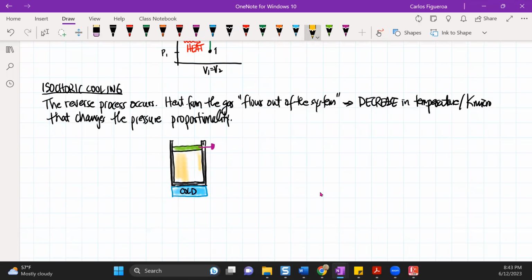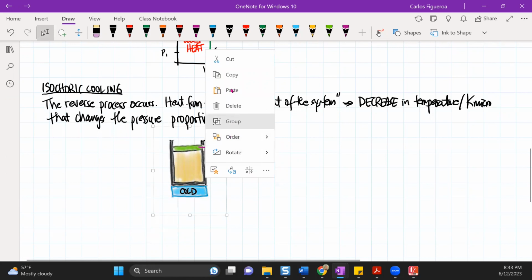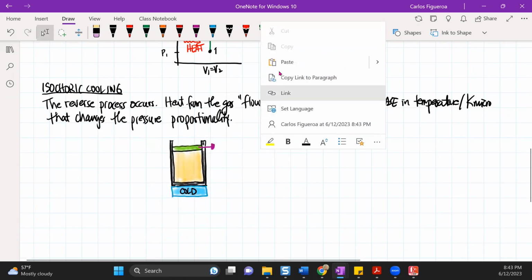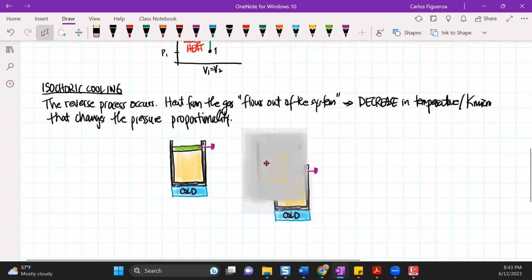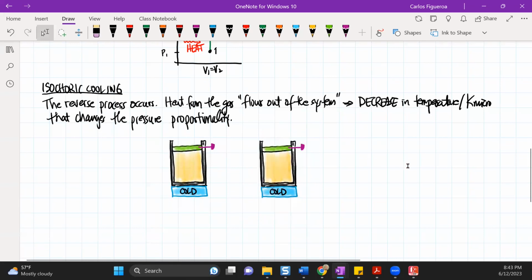So what ends up happening, let me copy this for the next one. What ends up happening is that in this process, I start in a state with a high pressure and a high temperature. And as a consequence, heat is going to flow out of the gas and into the cold source here.